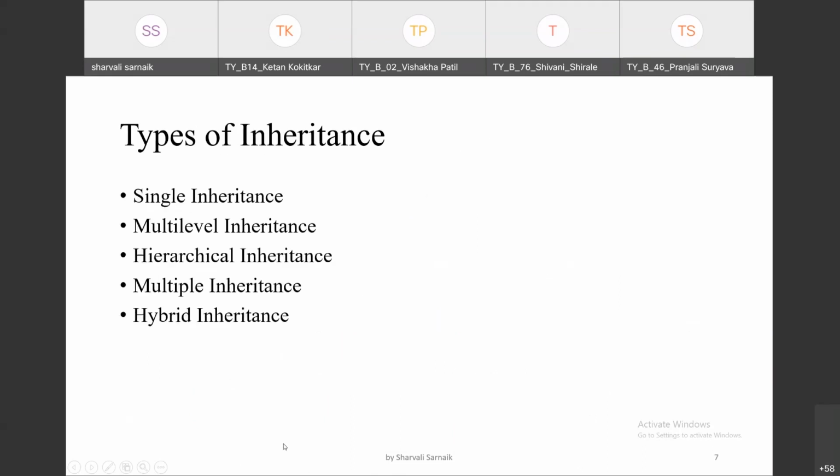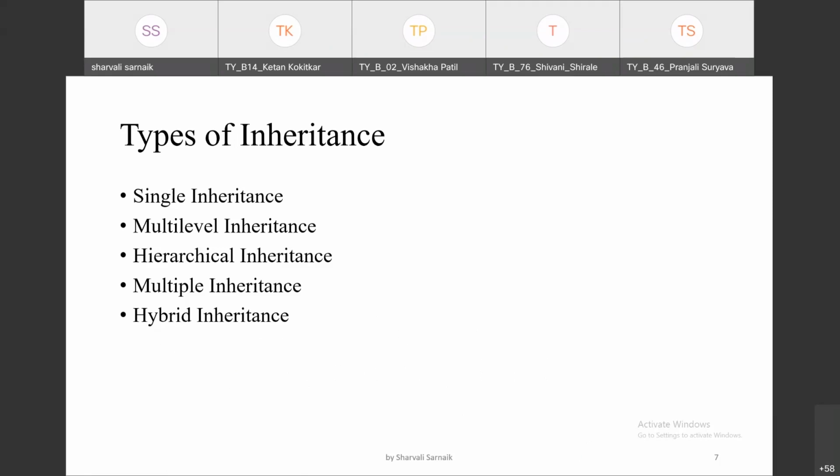Now, next part is we are going to see types of inheritance. So in Java programming, there are total 5 types of inheritance. First is single inheritance. Second is multi-level inheritance. Third is hierarchical inheritance.